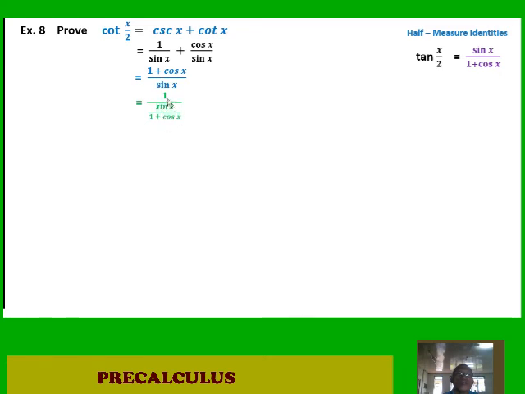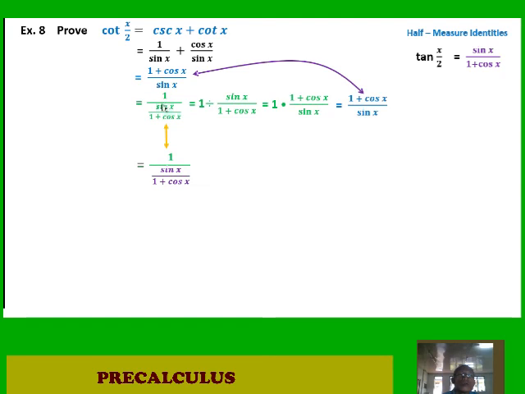So if we simplify this fraction, 1 divided by sine x over 1 plus cosine x, divide becomes multiply, but get the inverse of the divisor. So this becomes the denominator and this is the numerator. If we multiply, we get the same fraction. In other words, this fraction is the same as this one.